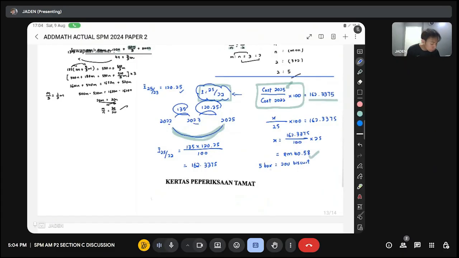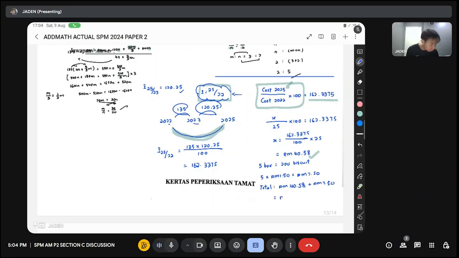So now 5 boxes means I have to take 5 times 1 ringgit 50 cent, because one unit of the box is 1 ringgit 50 cent. So 5 times 1 ringgit 50 cent, you get RM 7 ringgit 50 cent, and that is how much it would cost in total, which is RM 40 ringgit 58 cent plus RM 7 ringgit 50 cent.